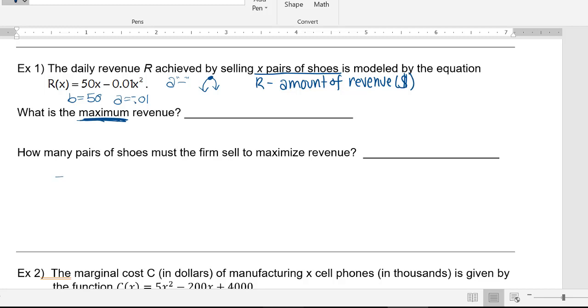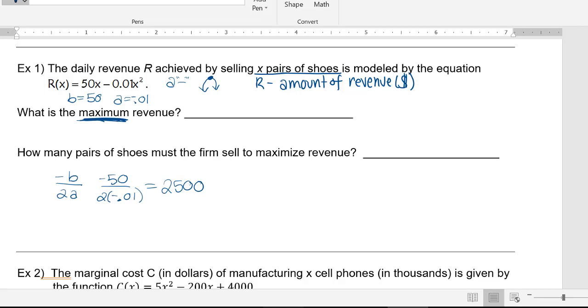So I'll use my negative b over 2a to find my axis of symmetry. So negative 50 over 2 times negative 0.01, which simplifies to 2,500, which you could probably use in your calculator, but just not a graphing calculator.